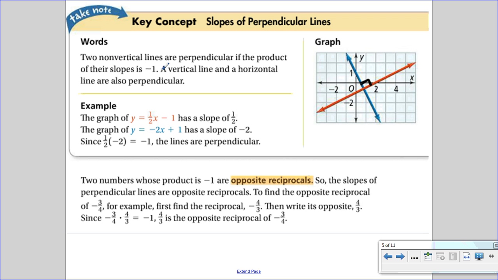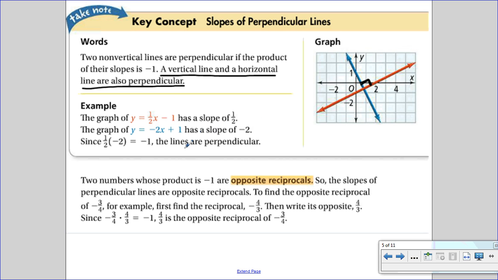So I don't feel like this is a very good explanation of what perpendicular lines are. I suggest that you have a picture, but it says two non-vertical lines are perpendicular if the product of their slopes is -1. So it's kind of a way to check. But what is important is you understand that a vertical line and a horizontal line are perpendicular. That is definitely something I would add to your notes.